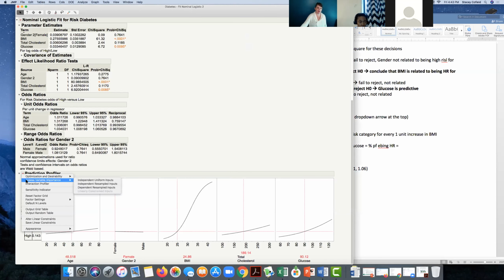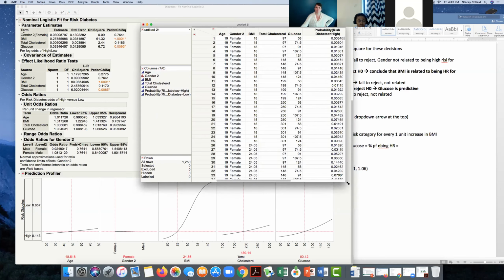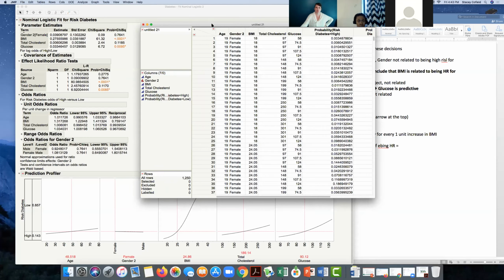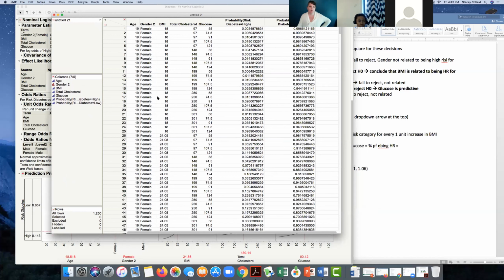JMP in the red drop down here will also output a grid table. And it'll actually give you a whole bunch of combinations, right? Which is really nice. So this is the smallest n, a 19-year-old female, BMI of 18, low cholesterol, low glucose.